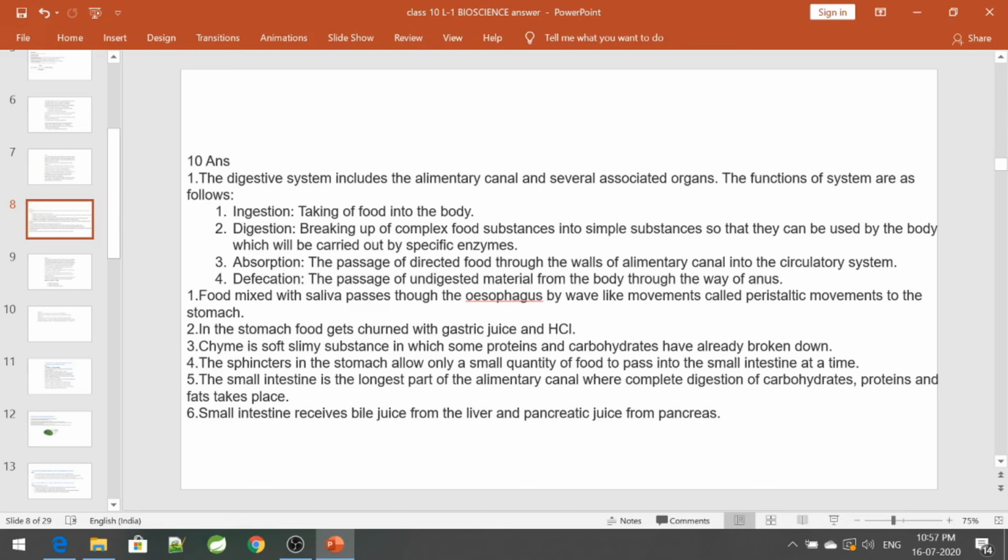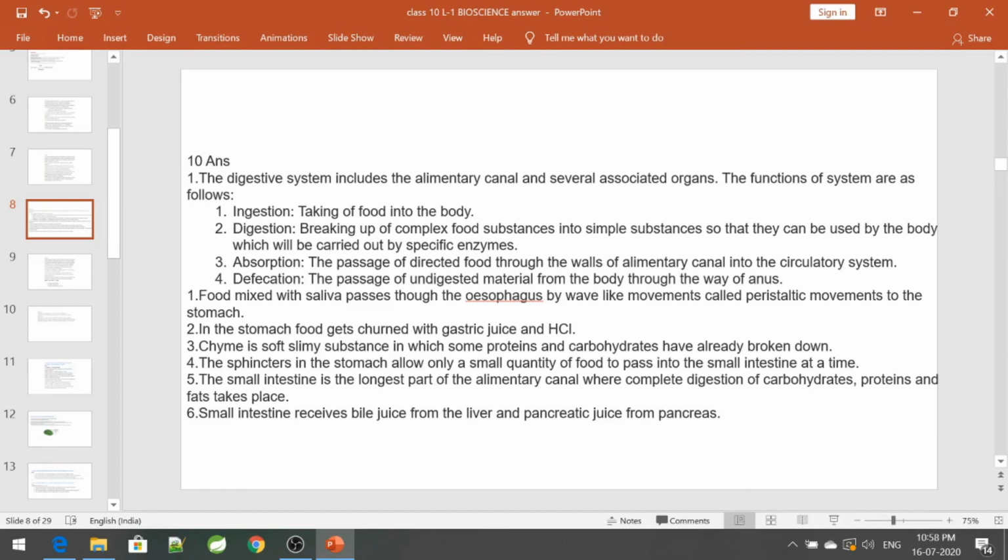Food mixed with saliva passes through the esophagus by a wave-like movement called peristaltic movement to the stomach. In the stomach, food gets churned with gastric juice and HCl. Chyme is a soft slimy substance in which some proteins and carbohydrates have already been broken down. The sphincter in the stomach allows only a small quantity of food to pass into the small intestine at a time.